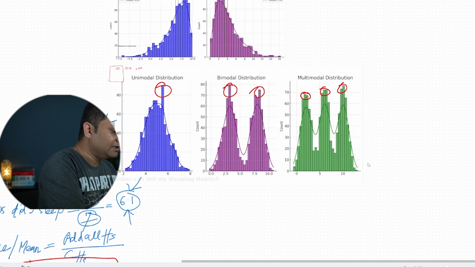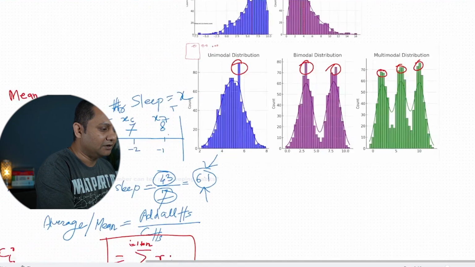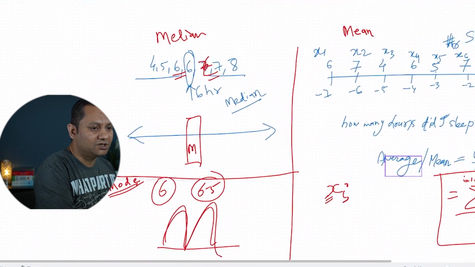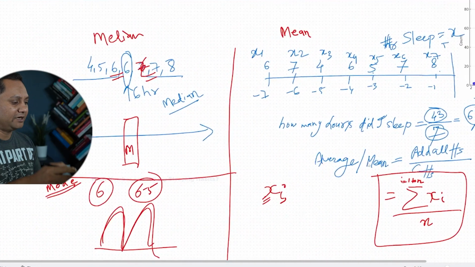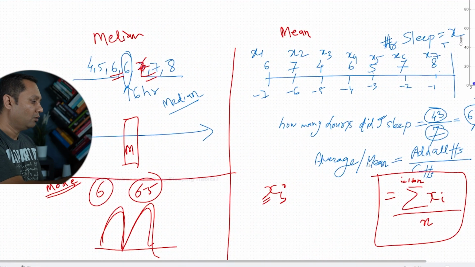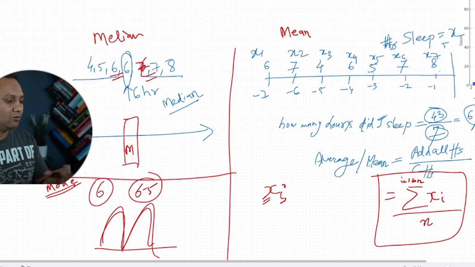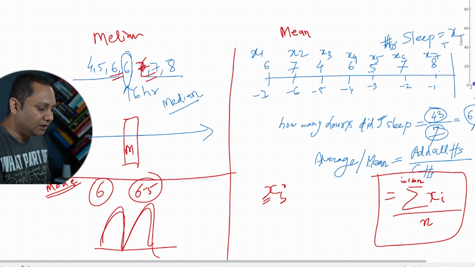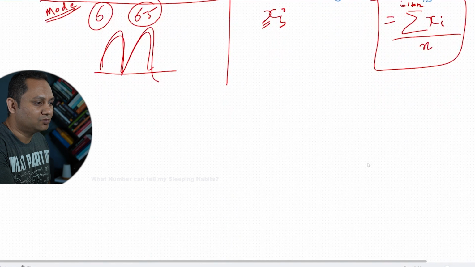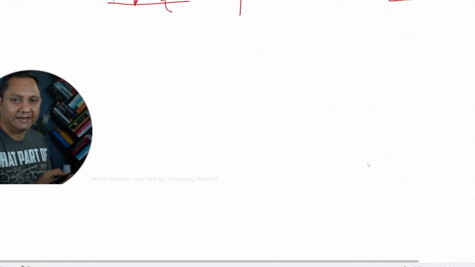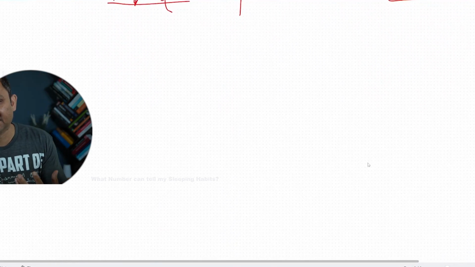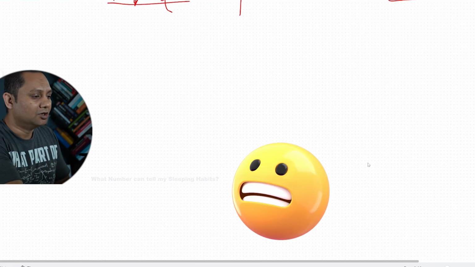Now, these are some ways of representing your data. The question comes, which is a better method? What should I use in real life? To understand this, let me explain one more thing. Most of the time in data analysis or business intelligence, what we are dealing with is a trade-off.